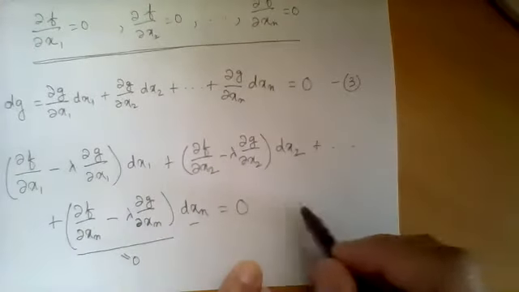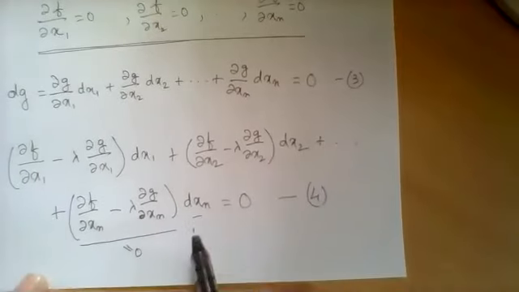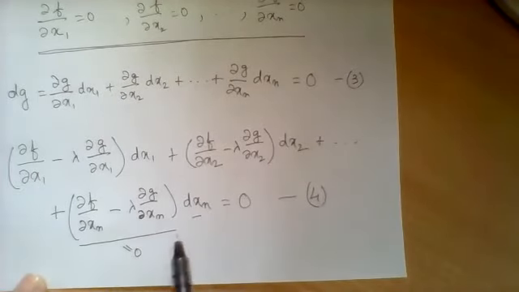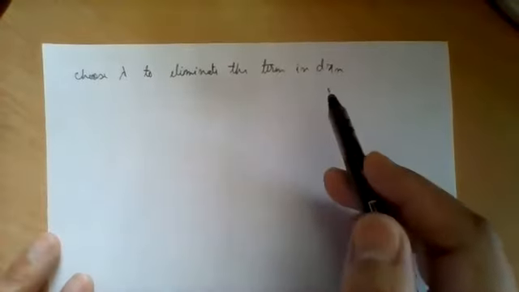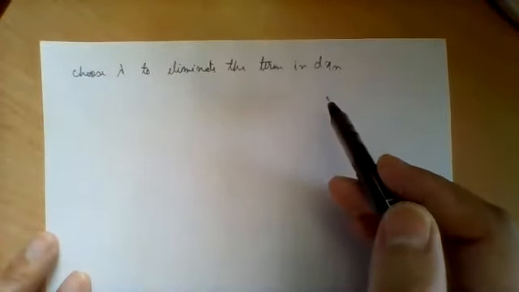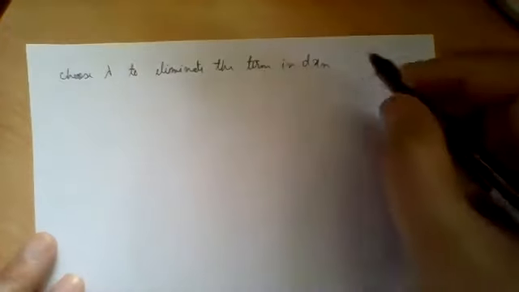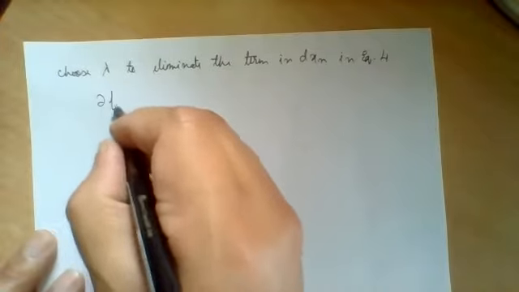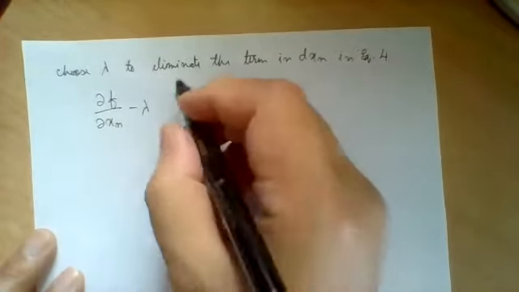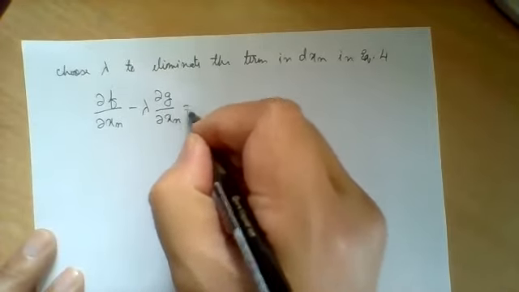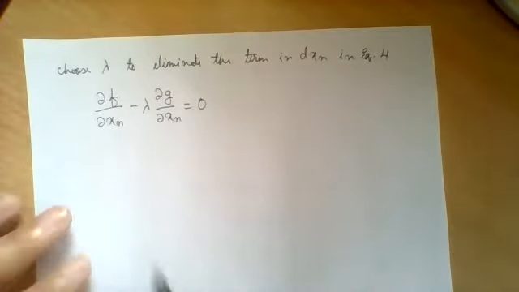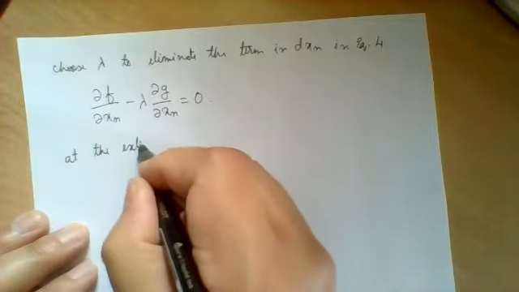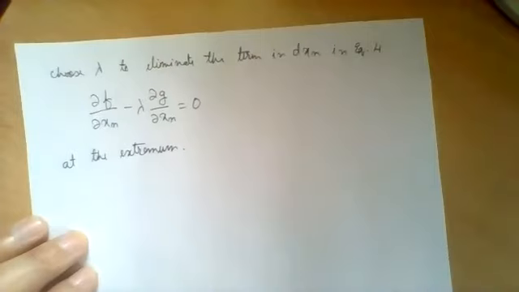Let us call this equation number 4. In equation 4, we choose our lambda to eliminate the term in dxn, by choosing that del f by del xn minus lambda times del g by del xn equal to 0 at the extremum.